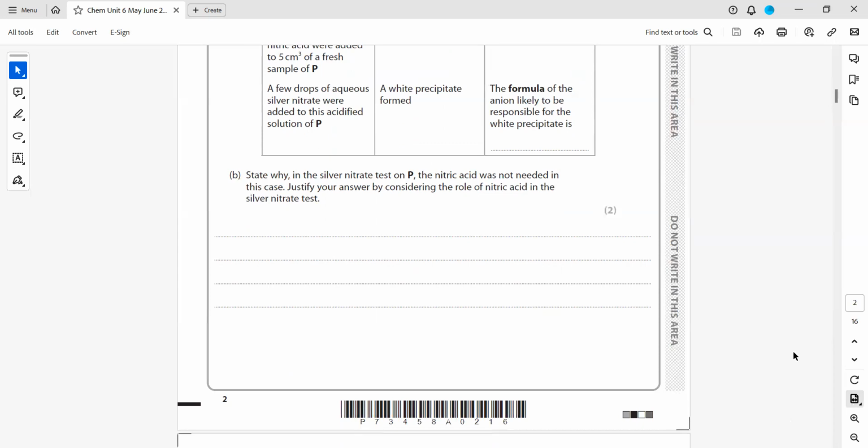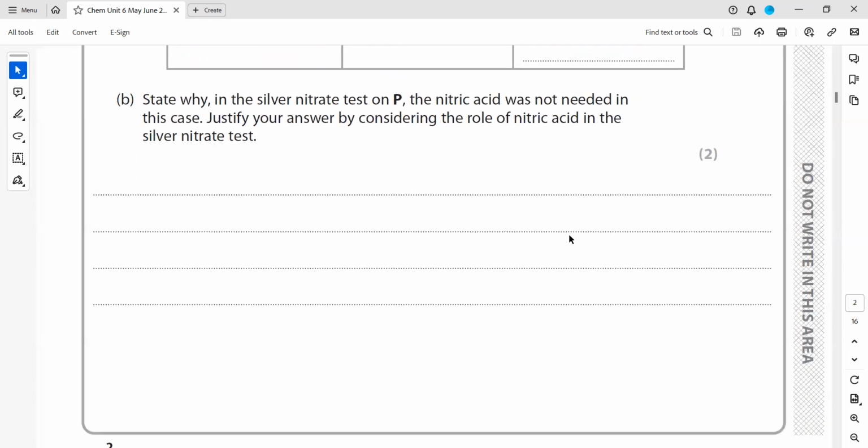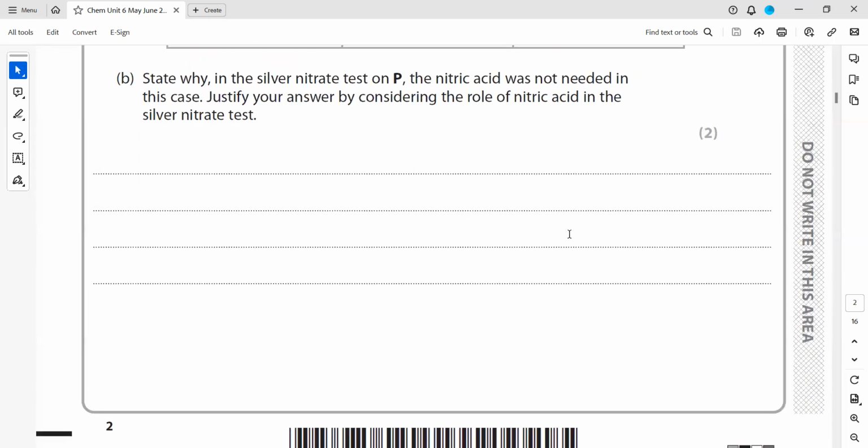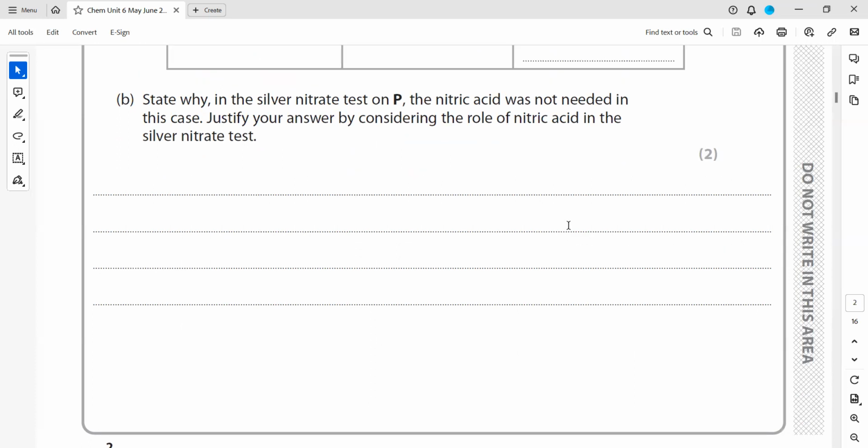The next one is: state why nitric acid was not needed in the silver nitrate test in this case, and justify your answer by considering the role of nitric acid in a silver nitrate test. So what is the role of nitric acid in a silver nitrate test?